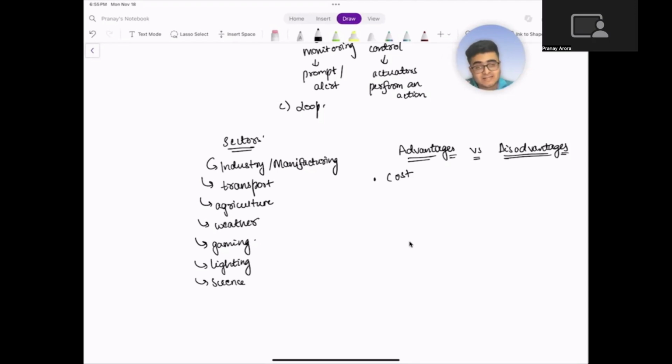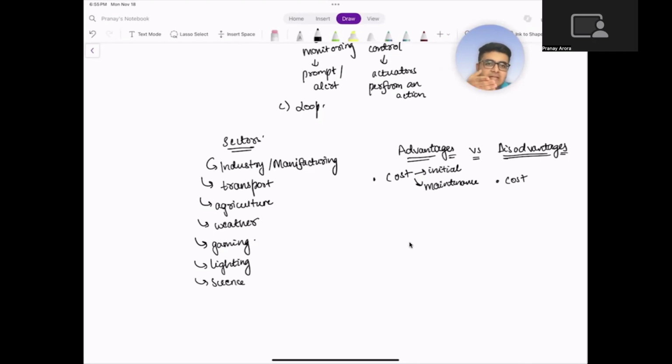Now this is an advantage also and a disadvantage also, right? Cost can be both the initial cost when you buy the system, and the maintenance cost when you need to maintain the system. Same for the disadvantages. For example, installing an automatic bus ticket system might not be very expensive.